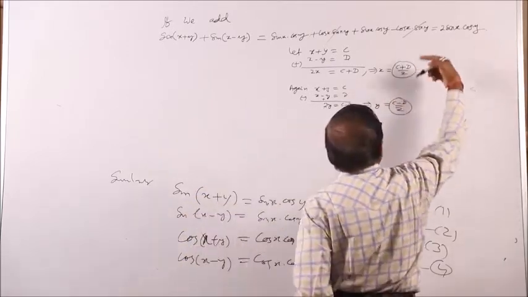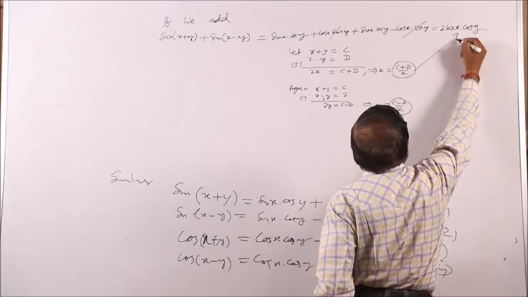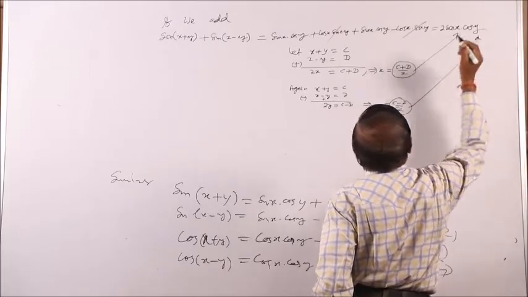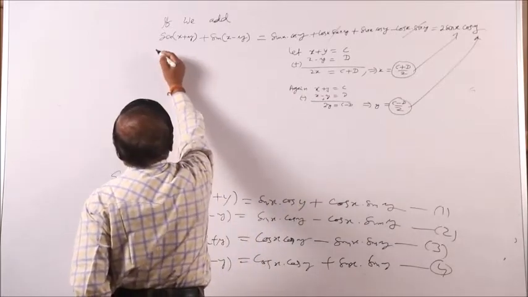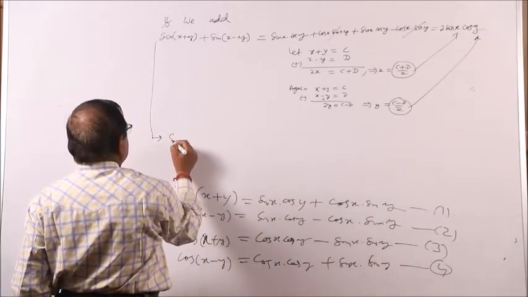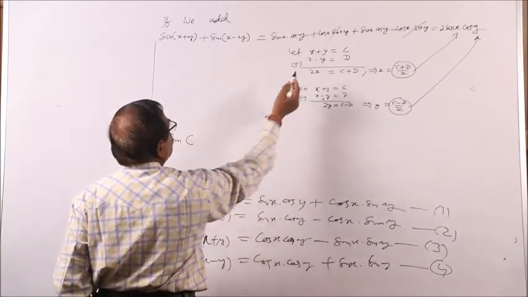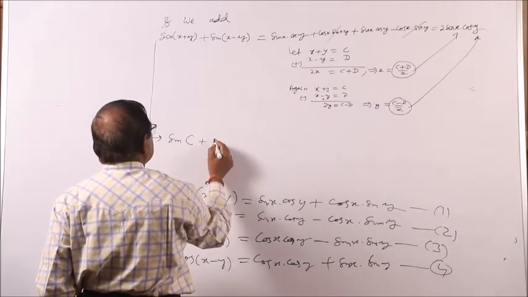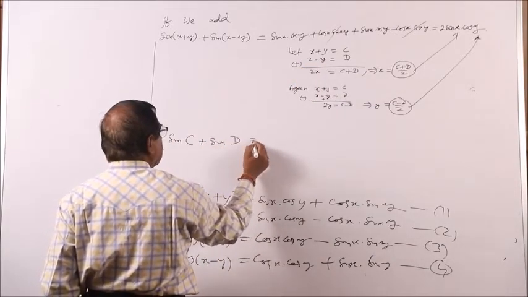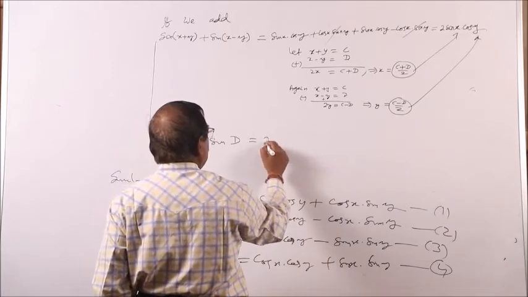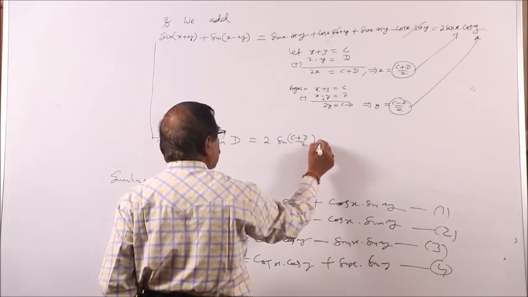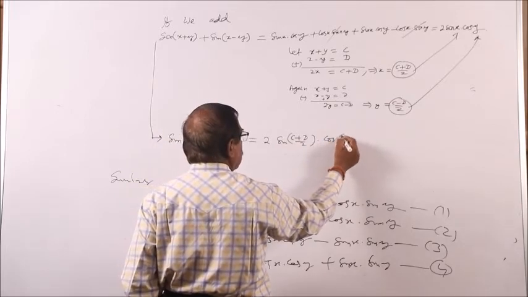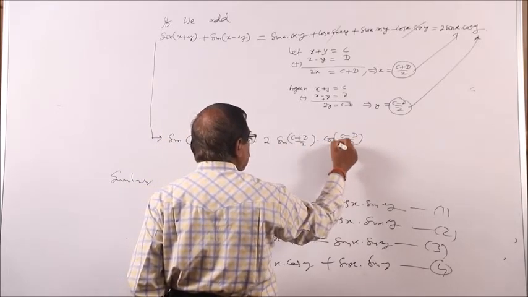I will put these values here and these values here. So, this formula becomes sin c, because x plus y I have taken as c, sin c plus sin d is equal to 2 sin((c plus d) by 2) into cos((c minus d) by 2), right.